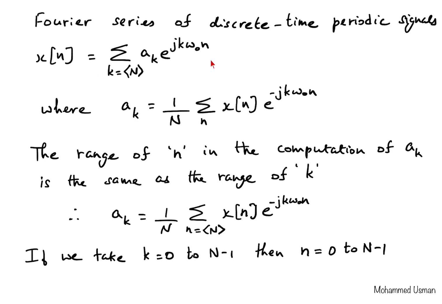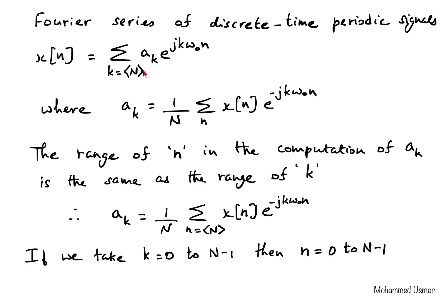So our Fourier series expression for a discrete time periodic signal becomes like this. The summation is over the range k, which is n successive integers, and the Fourier coefficient ak is given by this equation which we have seen earlier. This summation in the computation of ak is over n, and the range of n should be the same as the range of k.